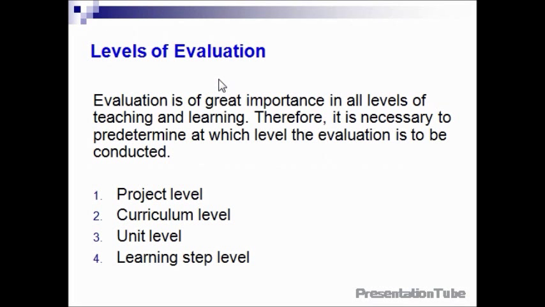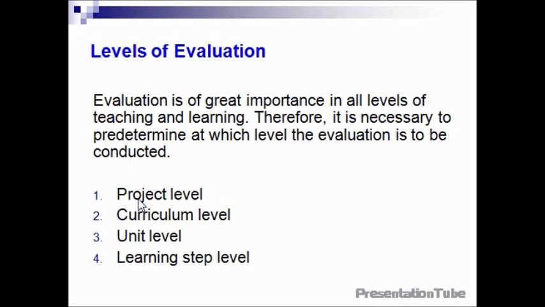Now, we will talk about the levels of evaluation. We have four levels of evaluation. They are ordered from the biggest one to the last level, which is the smallest. First, we have the project level. In the project level, you evaluate, for example, institutions such as SQU and so on.